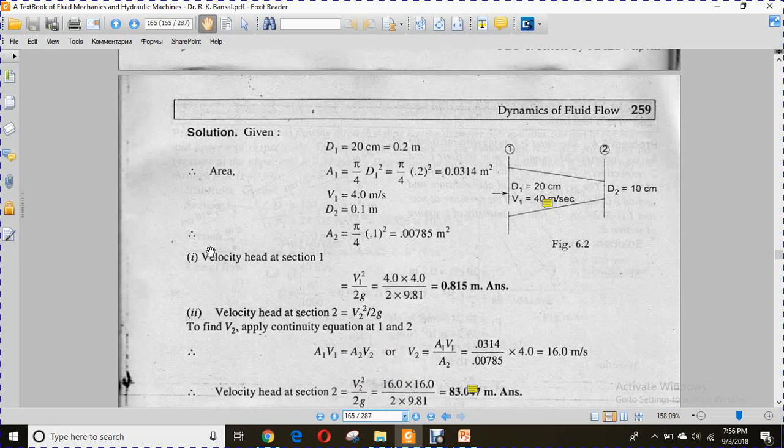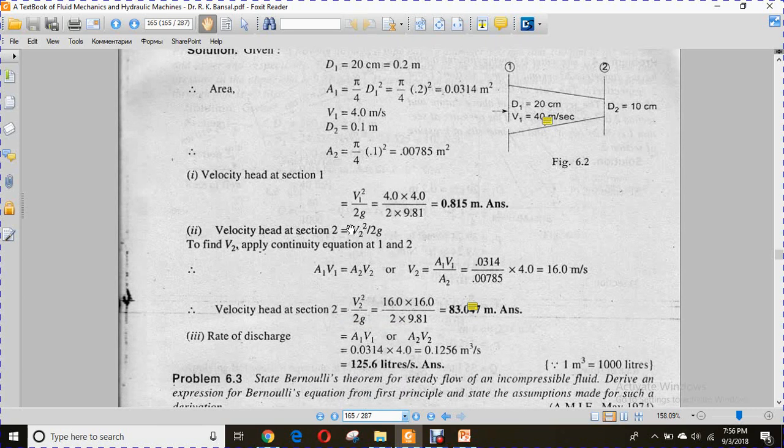The velocity head at section 1 is v square by 2g, so putting the corresponding values we get it at point 1, but we don't have the velocity at point 2. So what will we do?